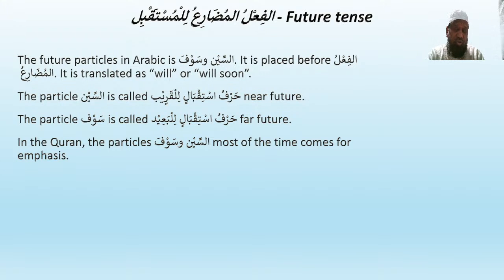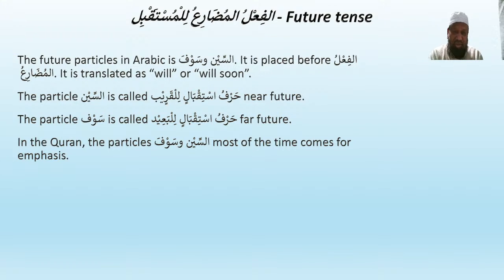What about those mujrims, those wrongdoers? What does Allah say about them? On the day of judgment, Allah talks about them and He says, سَوْفَ نُصْلِيهِمْ جَهَنَّمَ. He used the word سَوْفَ. On the day of judgment, Allah will enter them into hellfire after a long time.